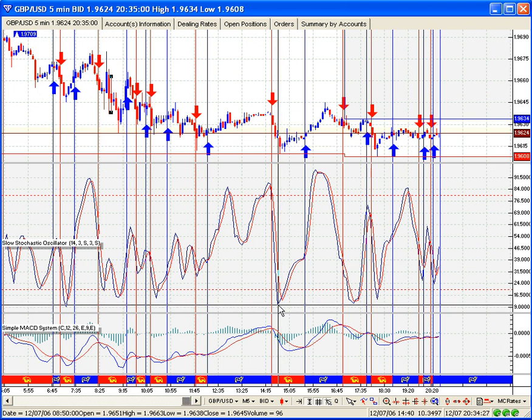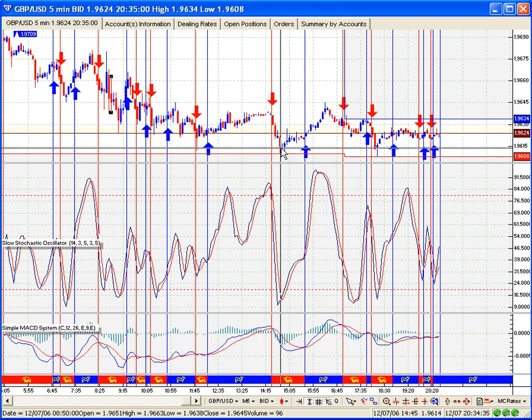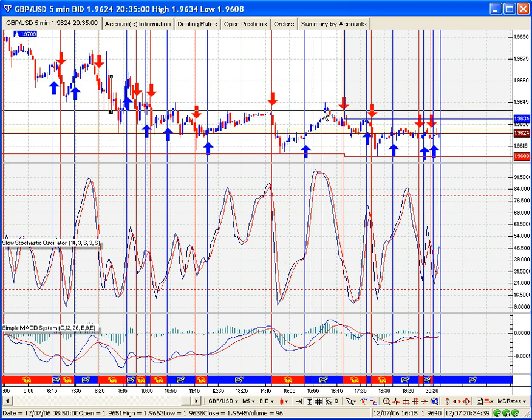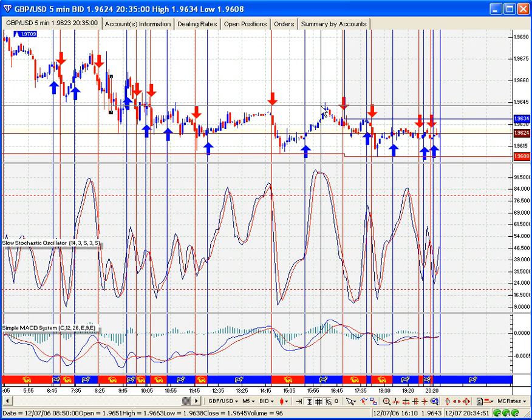And see what's happening. 615 has moved up to almost 645. That's 645. Even if you don't make the whole thing, 615 to 640.